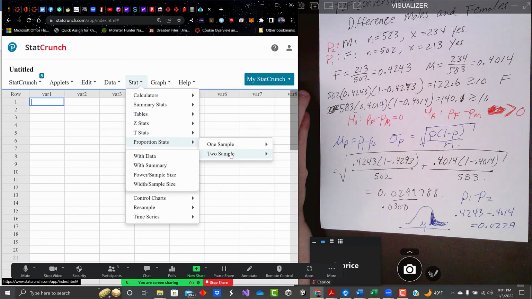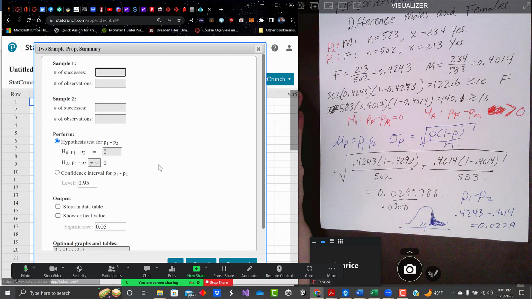Stats, proportion stats, 2 sample with summary. My females are group 1, 213 out of 502. My males are my second group, 234 out of 583. And I want greater than 0.